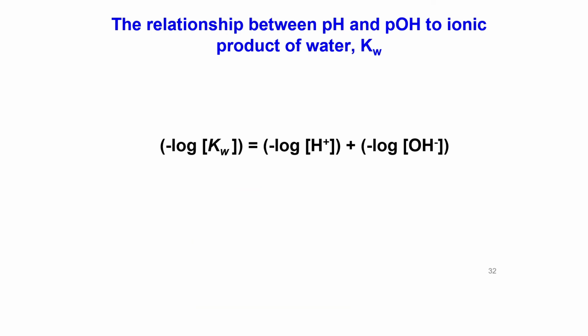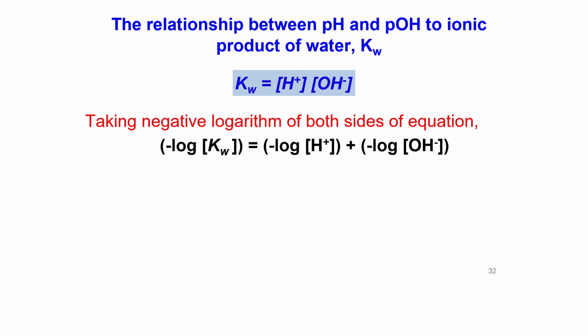Okay, so the relationship between pH, pOH and the ionic product of water. Apa hubungan di antara pH, pOH dan juga Kw? So Kw is equal to concentration of H plus times concentration of OH minus. Taking negative logarithm for both sides of the equation, sebelah kiri dan juga kanan, it becomes pKw equal to pH plus pOH, which is 14 equal to pH plus pOH.